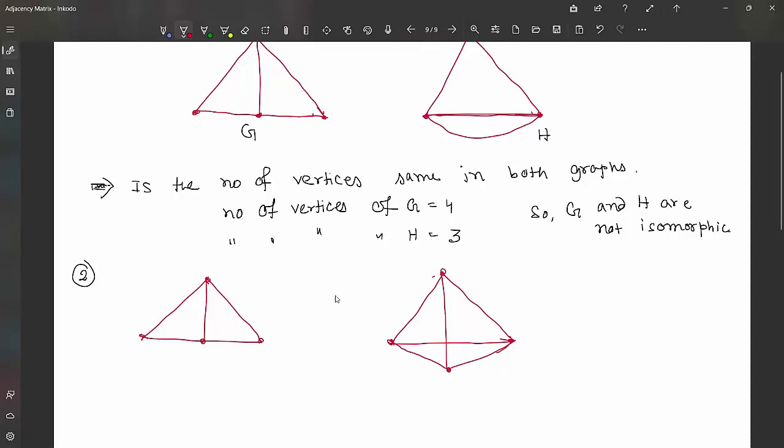So this is G and this is H. Now check the isomorphism. The first check is the number of vertices in both graphs being the same, so it will pass. There are 4 vertices here, and 4 vertices here also.